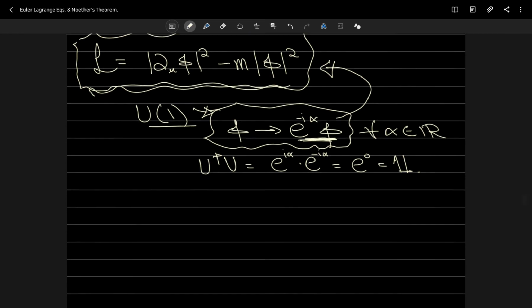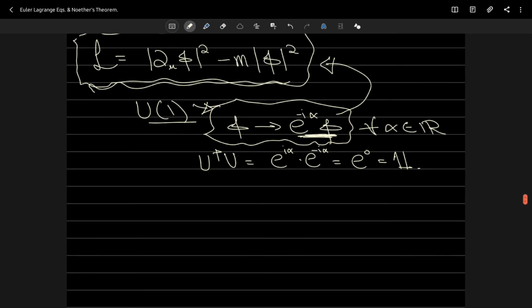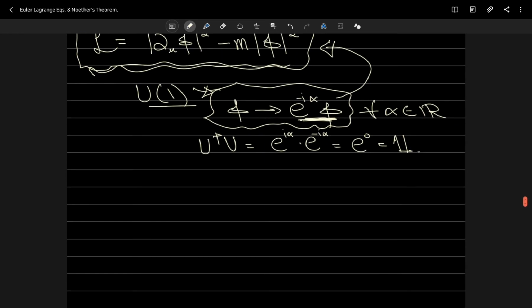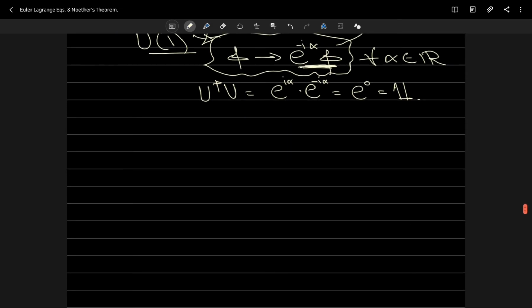Now note that we're talking about a complex field, so let's quickly look at how you write down a complex number. Well, we say that z is equal to u plus i v, right? So that means a complex field has two real degrees of freedom that are independent of each other.